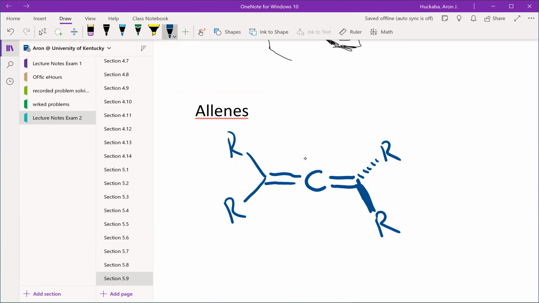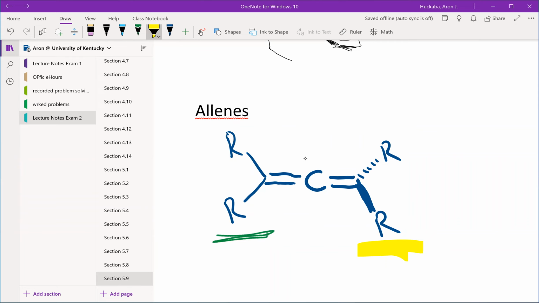So if you notice, for allenes, they have on the left side here, these are normal bonds and in the plane of the paper. But on the right side here, these are coming out and into the paper. And what that means is that it's totally 90 degrees from the stuff on the left. And because these are double bonds, the R's on the left and right side can't rotate.